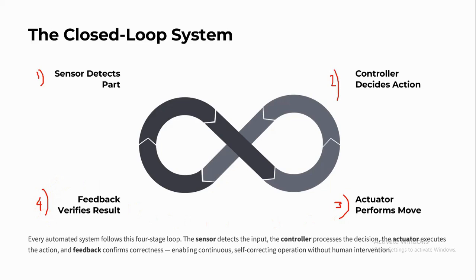I can explain this topic with the help of a simple example. Assume we are sitting inside a fully air conditioned room. If you implement the concept of automation, then based upon the temperature inside the room, the temperature sensor will check the temperature.